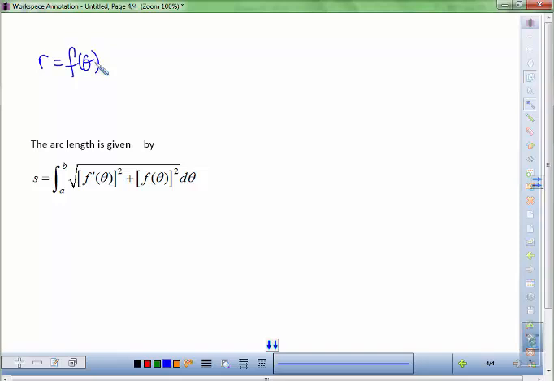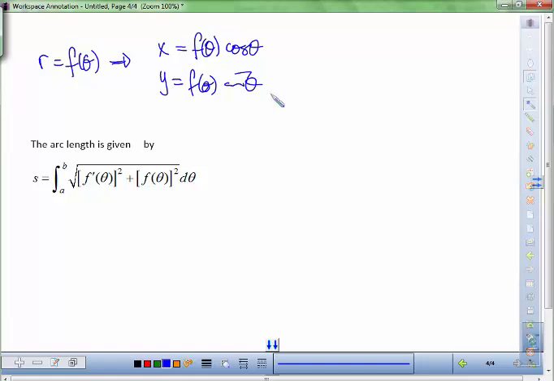And then we said yesterday that there's a relationship between polar coordinates and parametric equations, and the way to do that is to make it look like x and y. So r cosine theta, where r is f of theta. So f of theta cosine theta, and f of theta sine theta.